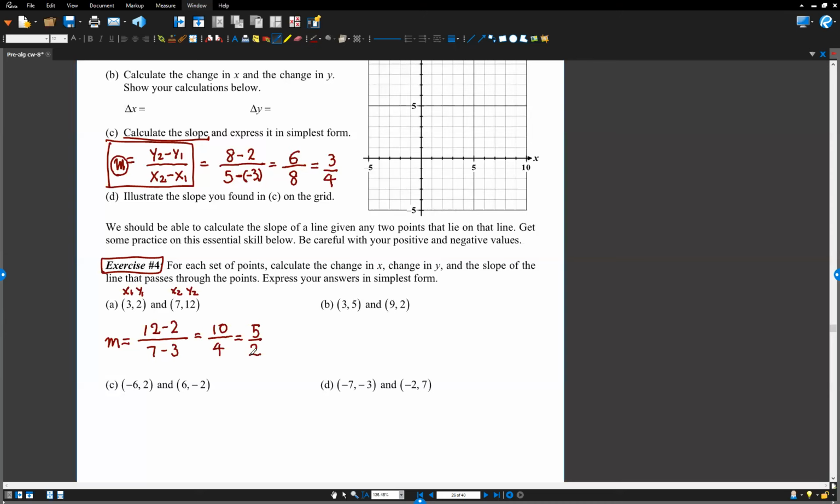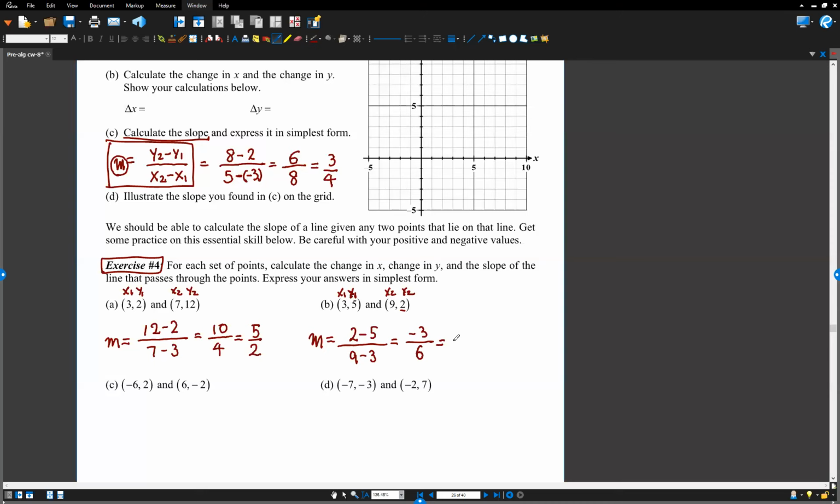Okay, number B. Take this one, first number. This is x1, y1, x2, y2. That's the right point. We just write short what they are. So y2 minus y1. y2 is 2 minus 5, and y2 is 9 minus y1 is 3. 2 minus 5 is negative 3. 9 minus 3 is 6.